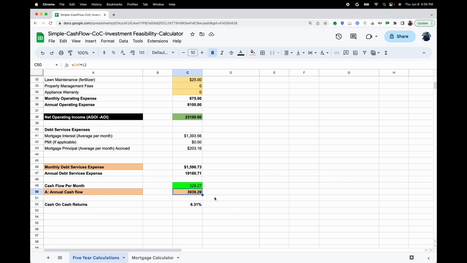Are you okay with this cash flow? Are you okay with this cash on cash return? Do you want more cash on cash return? Based on that, you would then go ahead and look at more properties, or if the numbers make sense, you are confident that you can move ahead and take it to the next stage of putting in an offer for that property.